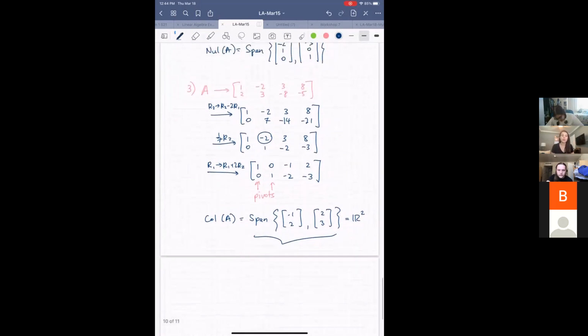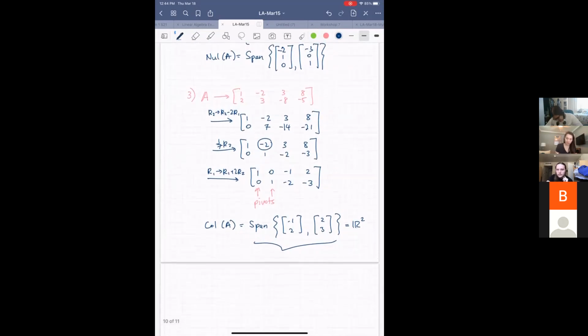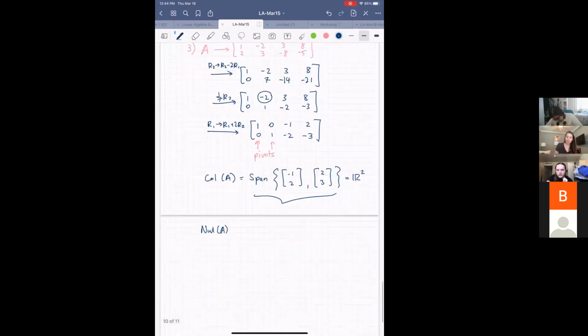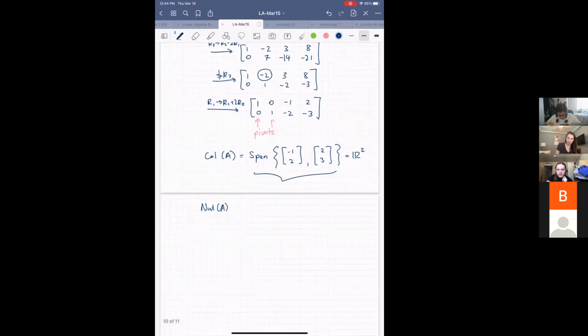Right. Okay, so this is the column space. The null space, remember, is just the solutions of the equation AX equals 0. So we're just going to write down the solutions in parametric vector form, and then that will tell us the spanning set for our null space.